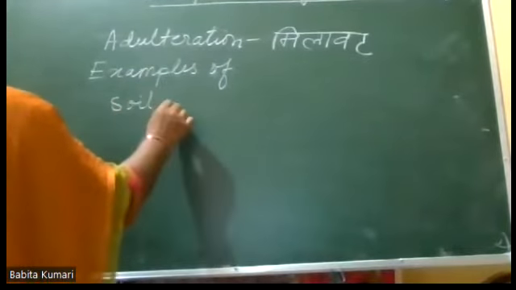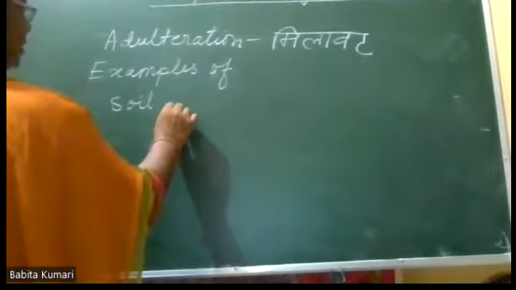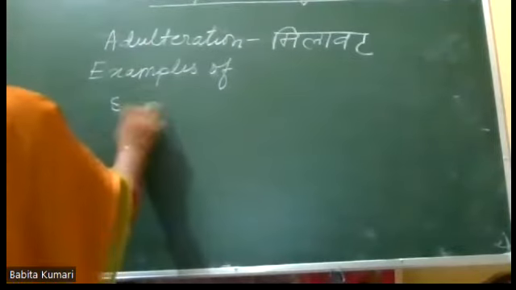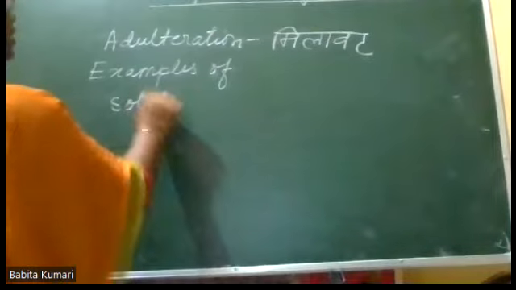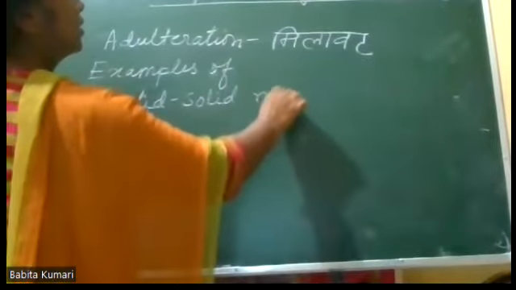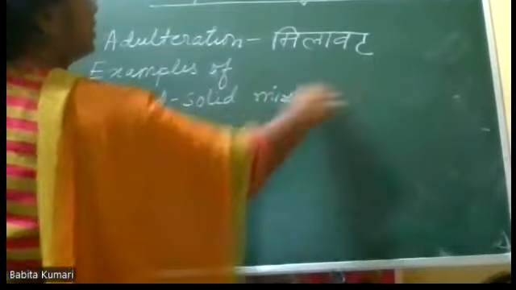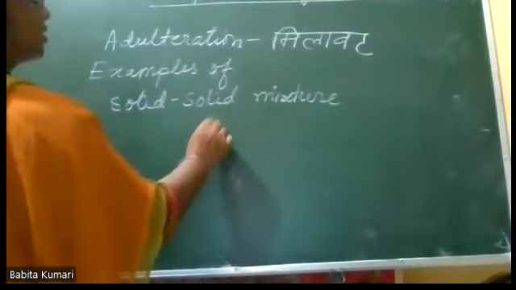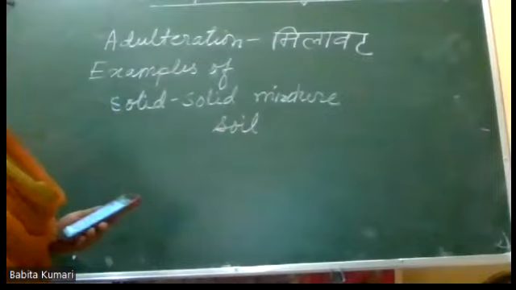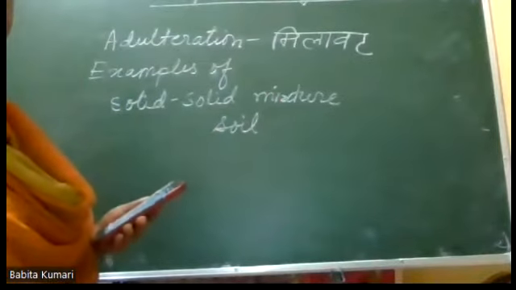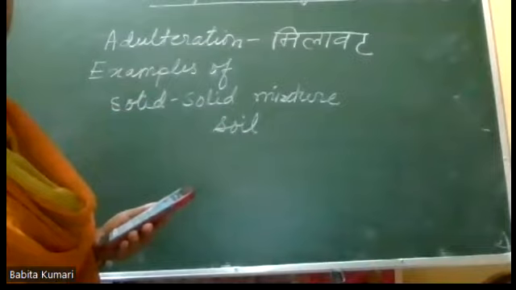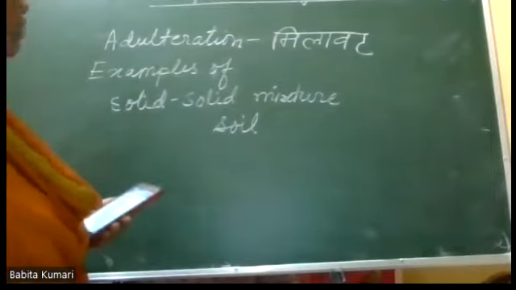Yes, okay, sand. हाँ, sand. बिल्कुल. So its example is soil. Soil is a mixture of many things. Sand, leaves, other parts of the plant, and other solid substances are also mixed in the soil.